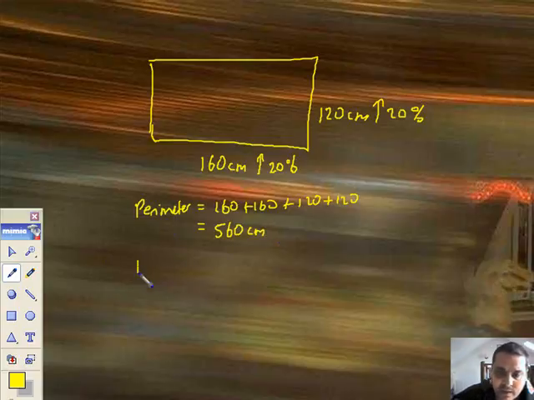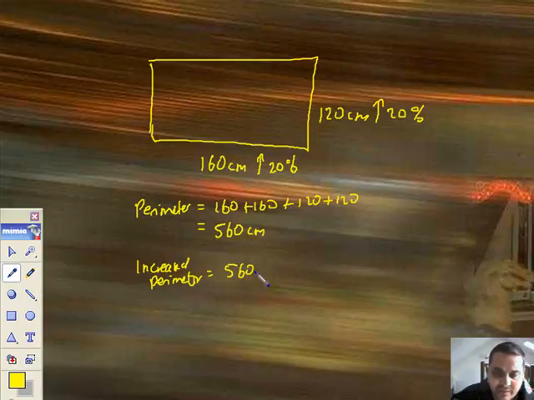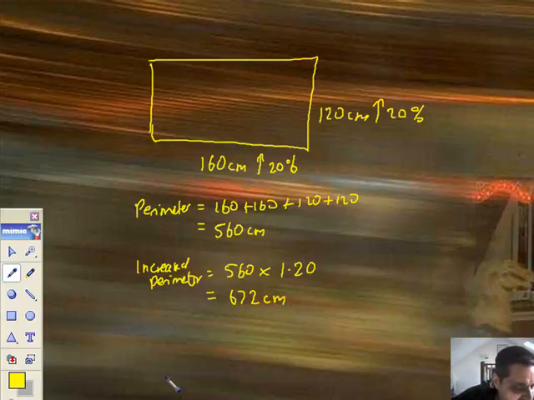Now the increased perimeter equals my original 560 multiplied by 20%, in other words, 1.20. So multiplying that by 1.2 gives me 672 centimeters. And he wants me to work out the percentage increase in the perimeter.